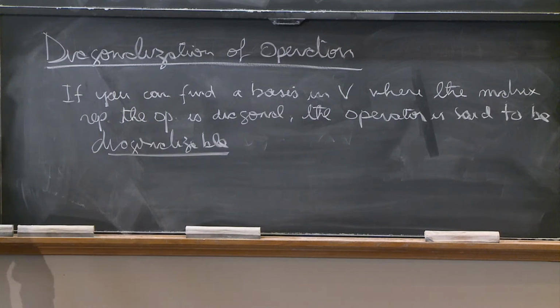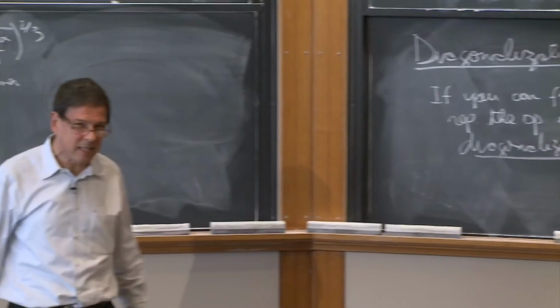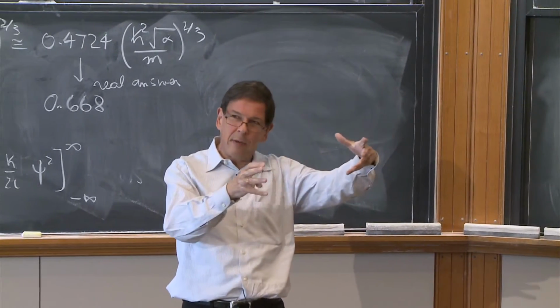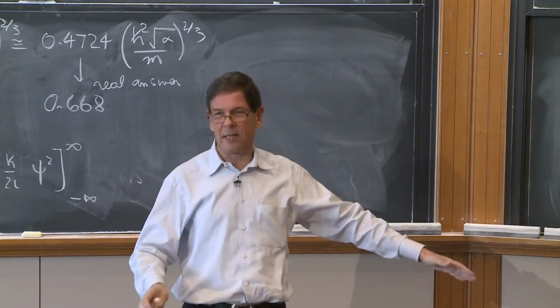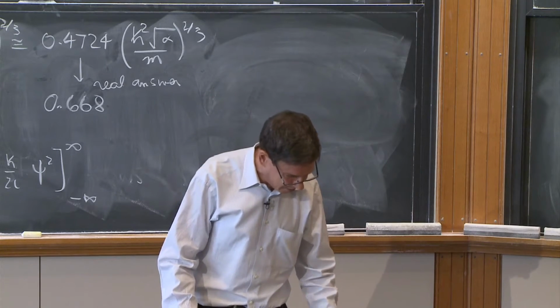So to be diagonalizable is just a statement that there is some basis where you look at the matrix representation of the operator and you find that it takes the form of a diagonal.